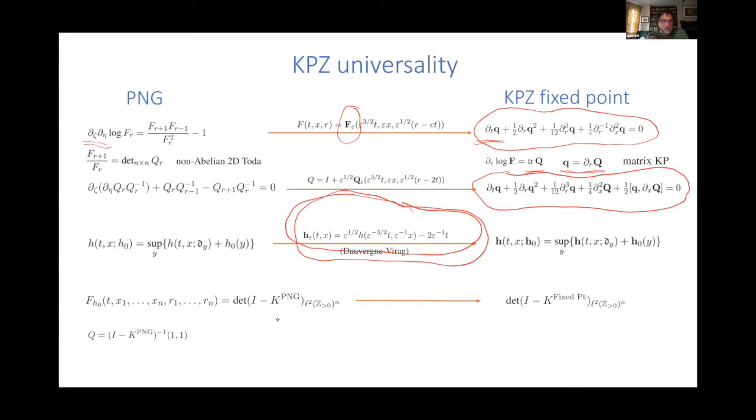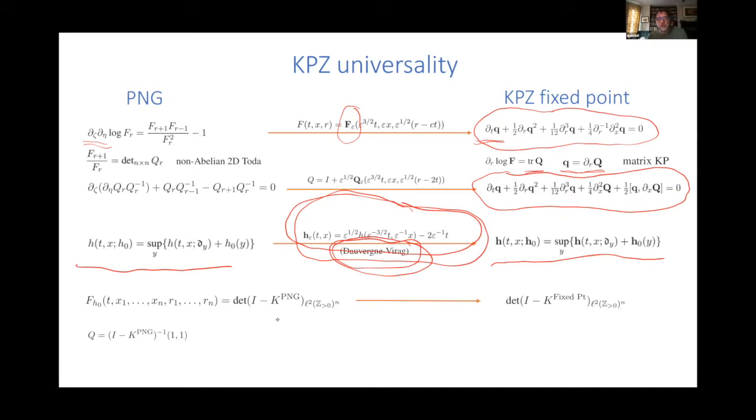Yeah. So just going on, the variational principle is just recreated at the KPZ fixed point level. It's written exactly the same. It has a slightly different meaning, but that's just because we're solving the KPZ fixed point instead of the KPZ equation. In fact, if you wanted to prove rigorously that the PNG goes to the KPZ fixed point, it's implicitly proved in a paper of Dauvergne and Virág, which unfortunately got hidden here.